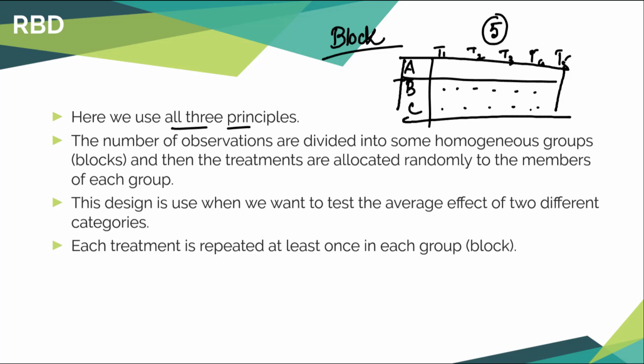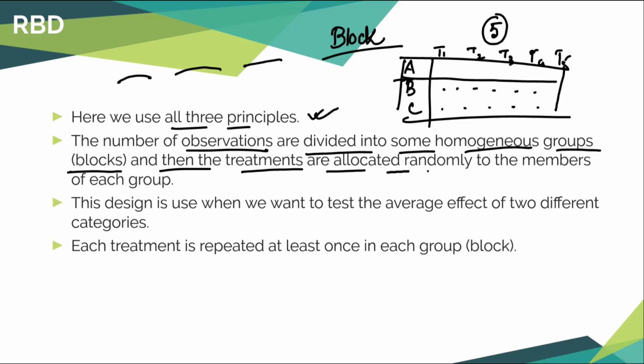That means we are applying the concept of local control. Apart from replication and randomization, we are also using local control. So all 3 principles are applied here. The observations are divided into homogeneous groups, which we call blocks, and then the treatments are allocated randomly to the members of each group, right?